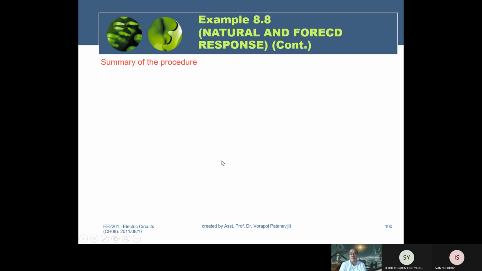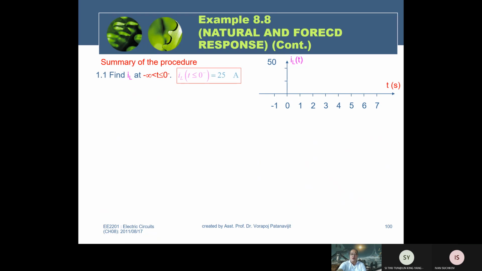Now, from an overall point of view, we will summarize this procedure. IL for time less than 0 equals 25 amp. For IL at time infinity, when time is greater than 0, you turn on another source, so the source will be doubled. Therefore the current will increase double, from 25 to 50 amp.